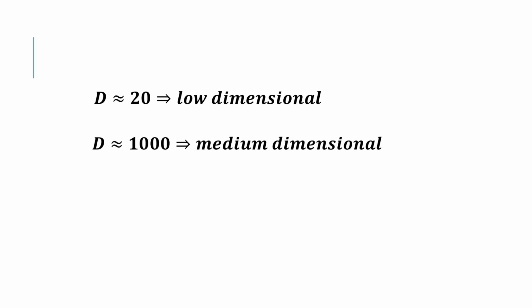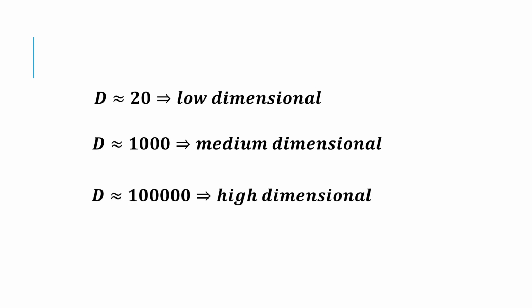Unfortunately, for the kind of problems we're going to encounter in machine learning, dimensions of around 20 are considered to be low dimensional. 1000 dimensions are medium dimensional. Problems considered to be high dimensional are those whose features give us dimensions of 100,000.